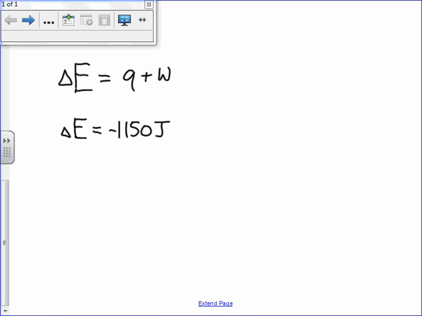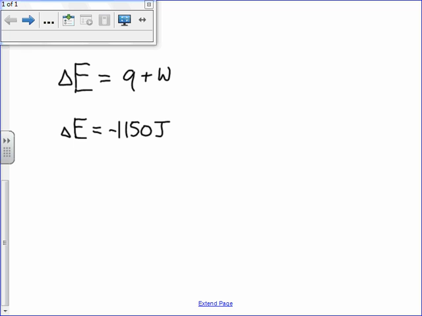And then we're going to add that to our W, which is our work. Now how much work is being done here? Okay, 480 joules of work on the system, not by the system, right? So that energy is actually being added to the system by the surroundings. So if it's being done on the system, our W is positive.